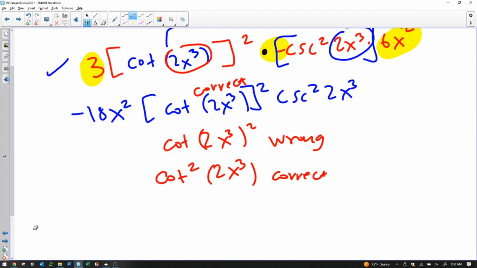All right. What other problems do you need help with? Yeah. Parentheses, like to the left of cotangent, and then to the right of that x cubed. Yes. I'm not sure where. Or just tell me where.